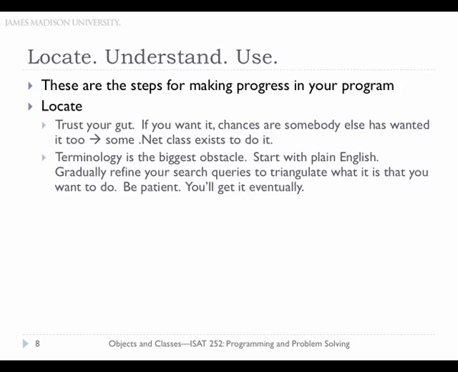Although they make sense once you learn them, there's really no way to guess ahead of time what they're called. And so the majority of our time spent trying to make use of the .NET framework is actually doing Google searches or doing searches in the documentation to figure out, is there a class that does what we want, and what the heck is it called?